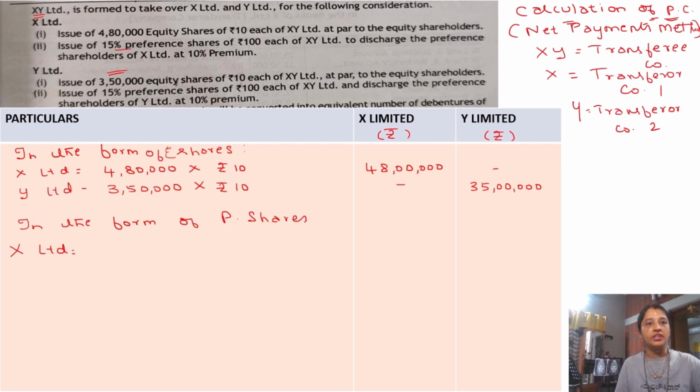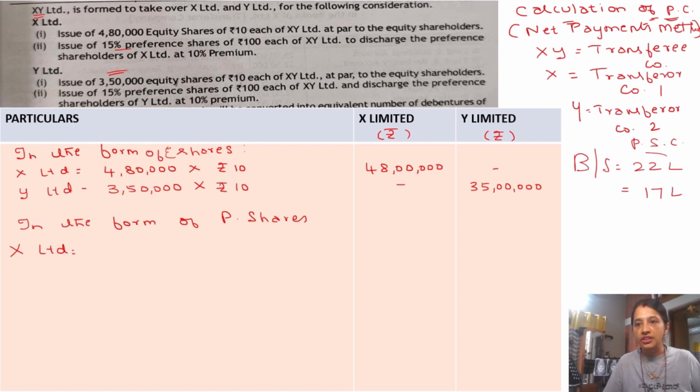Now they have given 15% preference shares of rupees 100. So if you look at the balance sheet, in balance sheet, preference share capital is 22 lakhs for X, and for Y, the preference share capital is 17 lakhs.